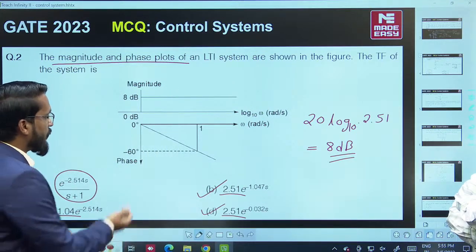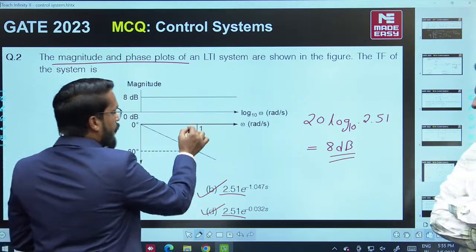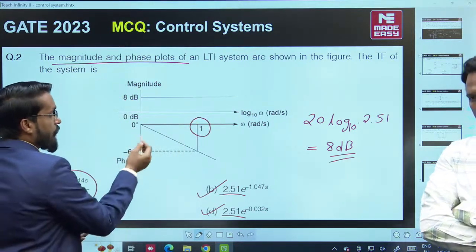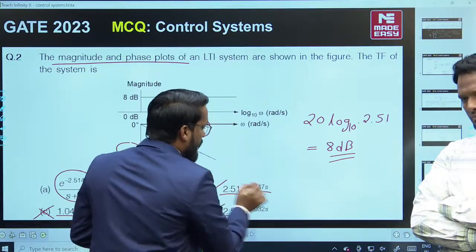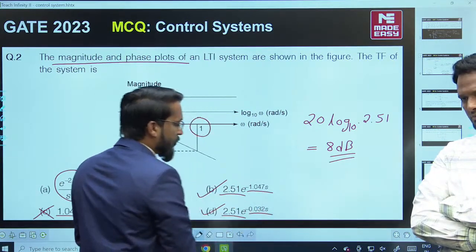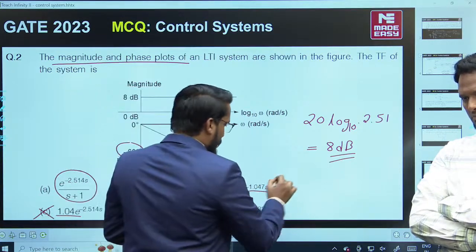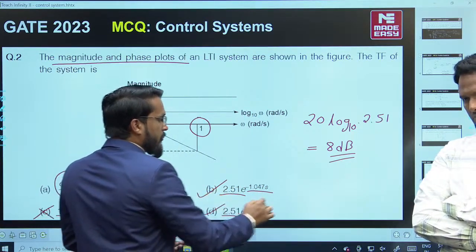Now come to the next part with respect to the frequency. At omega equal to 1, what phase are we getting? Minus 60 degrees. So we can easily check the phase from the options.